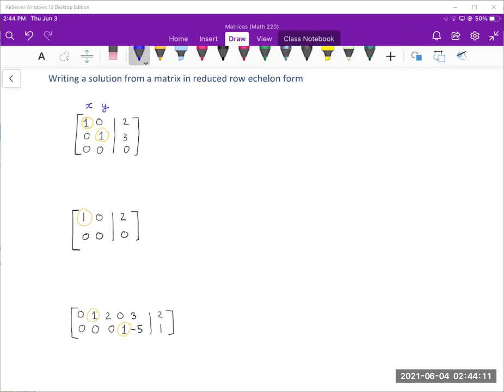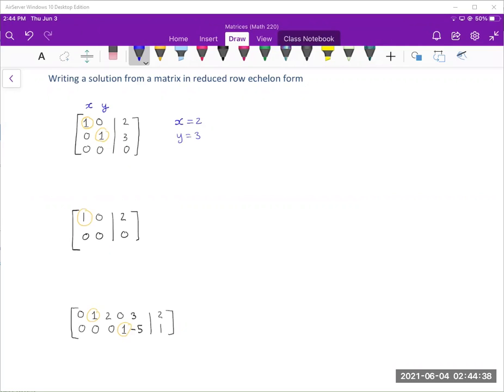So in this first example, we've got 2 columns to the left of the augment, so we have 2 unknowns, and we can write out an equation for each row of our matrix. We see 1x plus 0y equals 2, or x equals 2. We see 0x plus 1y equals 3, or y equals 3.